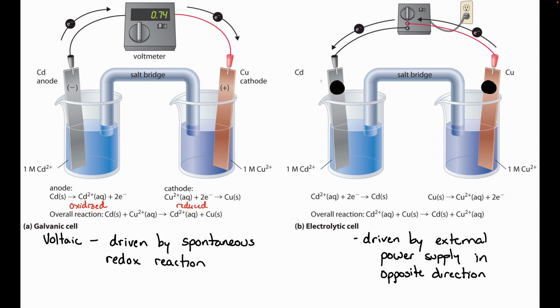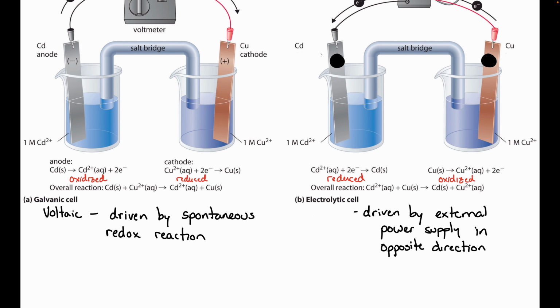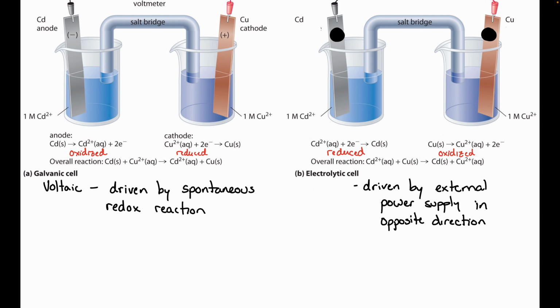So now it's my copper that's being oxidized and my cadmium that's getting reduced. We're still going to keep this same terminology: what's being reduced is the cathode and what's being oxidized is the anode.